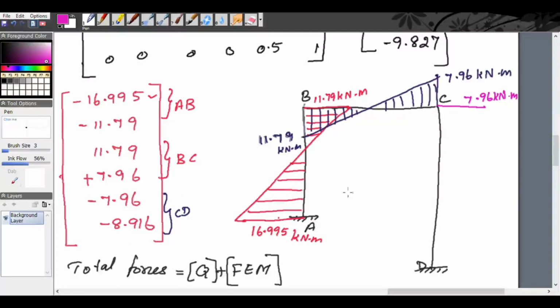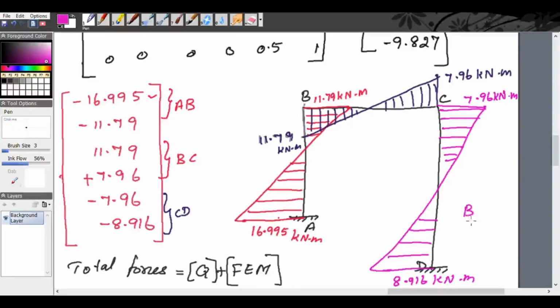And here at D, it is minus 8.916. Again anti-clockwise towards the left. So here it is 8.916 kilonewton meter. Okay, so this is the bending moment diagram for our given frame.